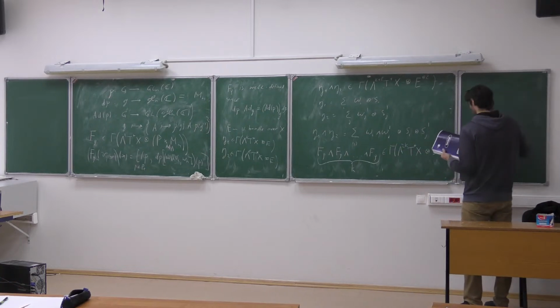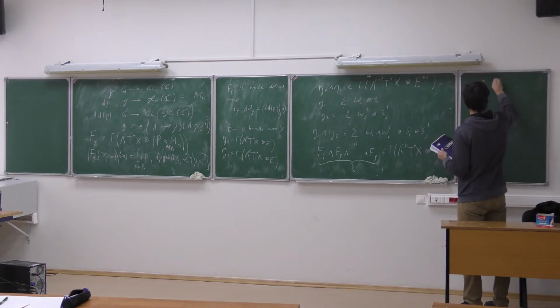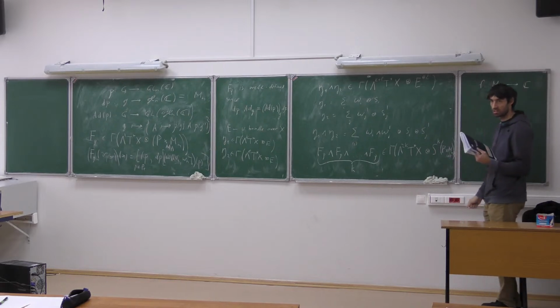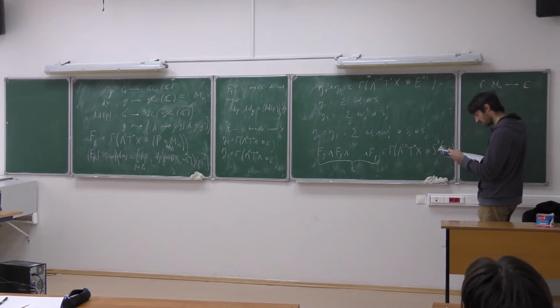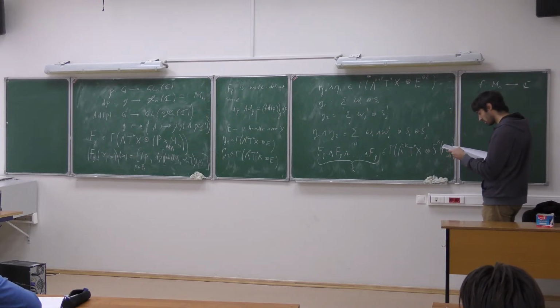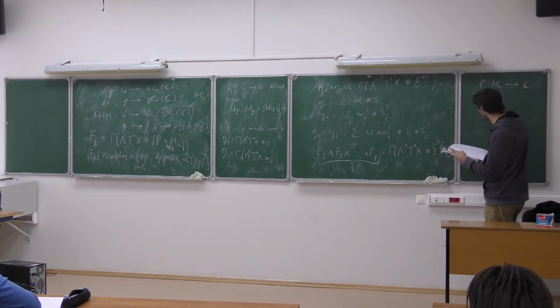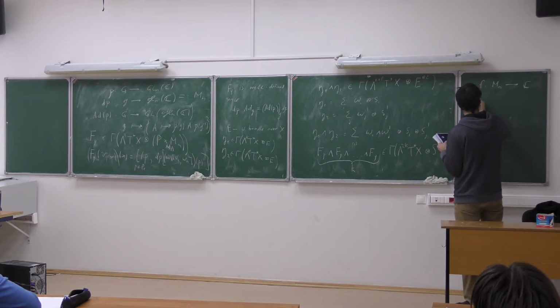Yes, so now I never used my map F, remember, from Mn to C. So now I'm going to use this map, and first I would like to consider Taylor series of it.